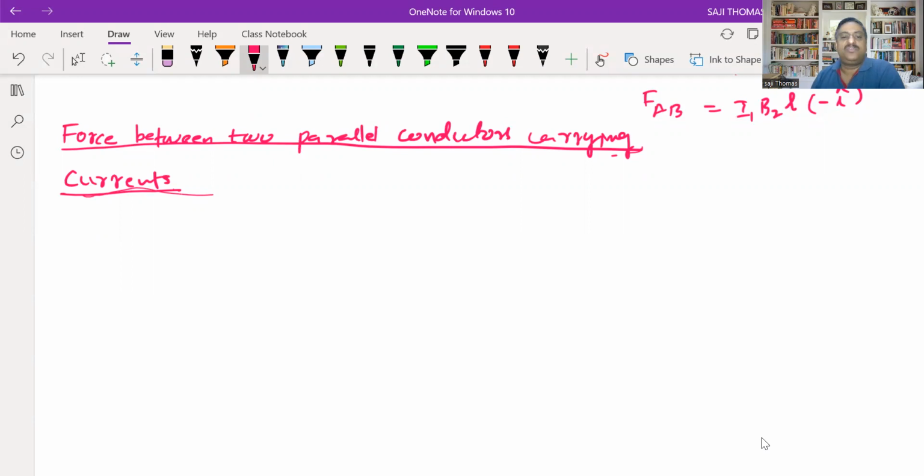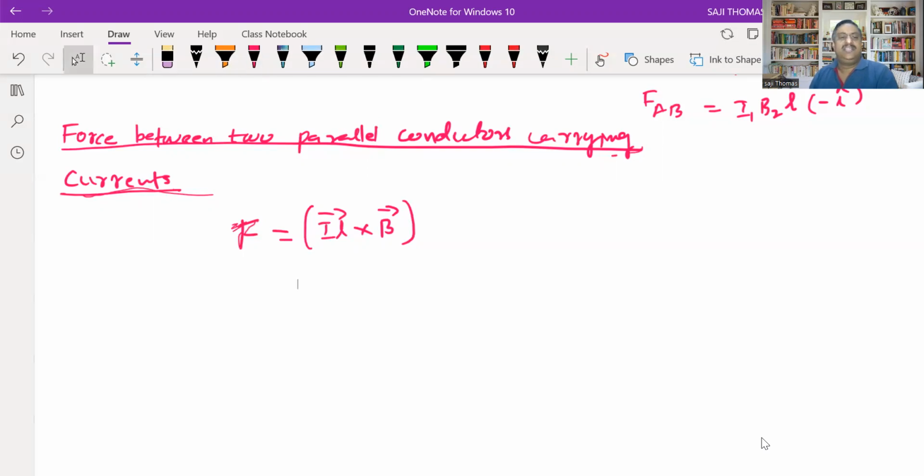You know the equation for force we derived in the first or second lesson. Okay, what is the equation? Force on a conductor carrying current in a uniform magnetic field is F equals I L vector cross B. The direction of this force is given by Fleming's left-hand rule. We have to use this equation.